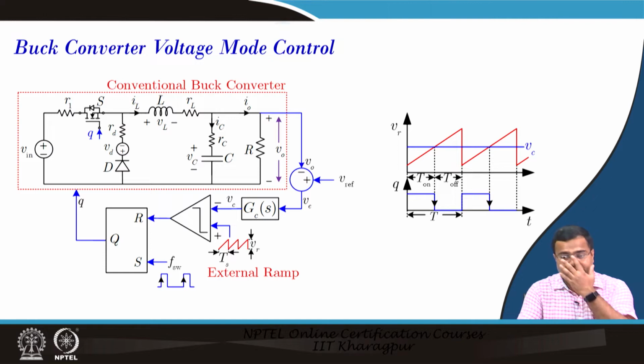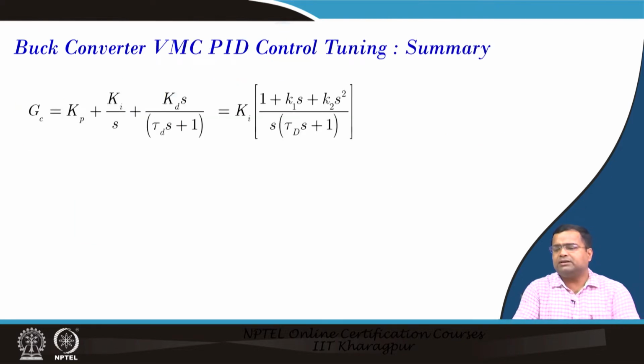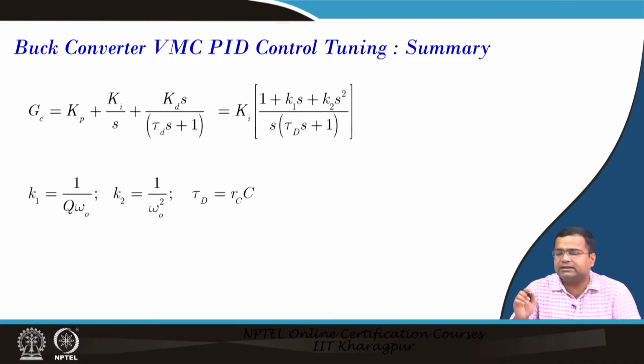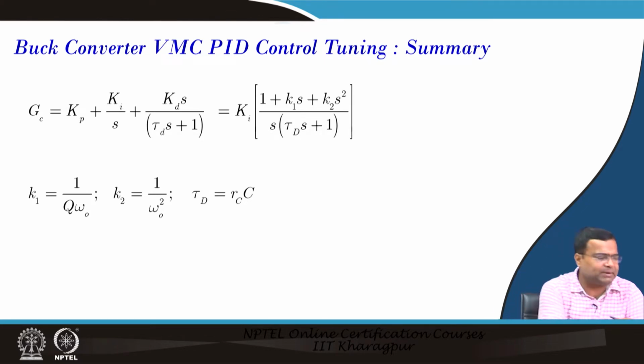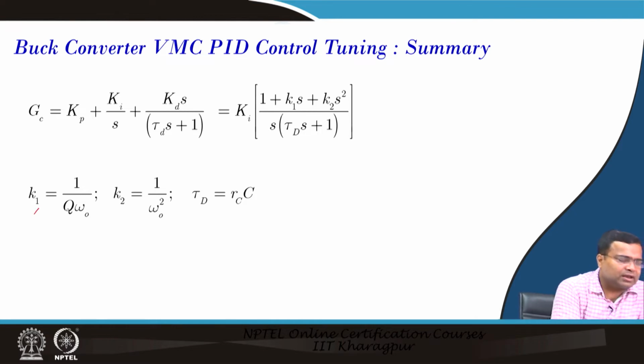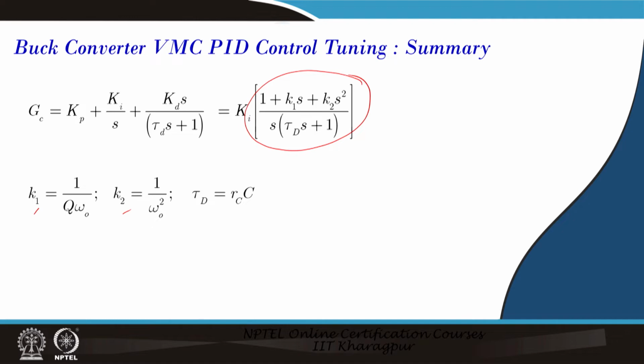So, this is the typical diagram of analog voltage mode control, and if we are going for PID controller tuning, then we have discussed that we can go for stable pole zero cancellation, that is method 1, where we can set the parameters K1, K2, which are the simplified version of the practical PID controller.